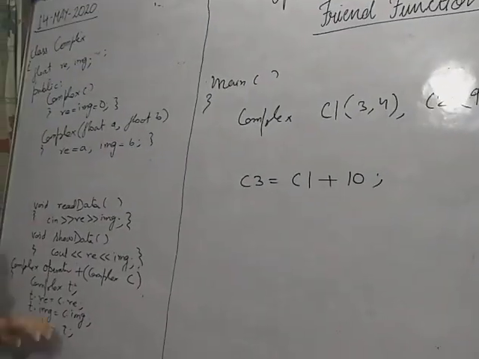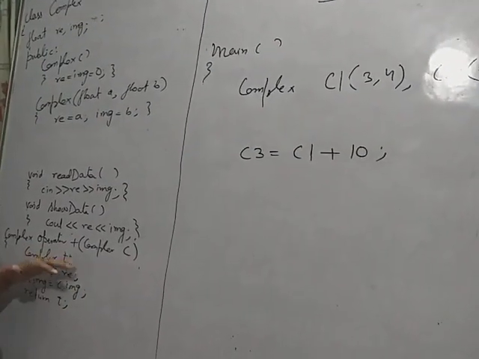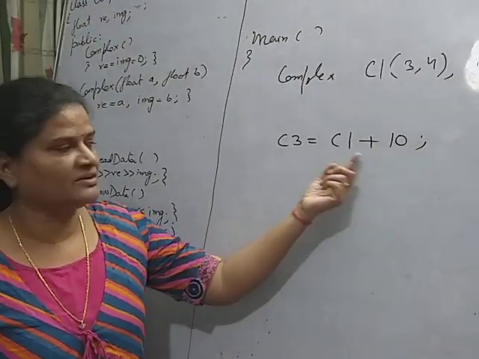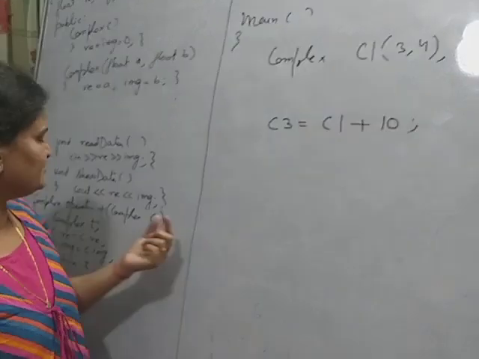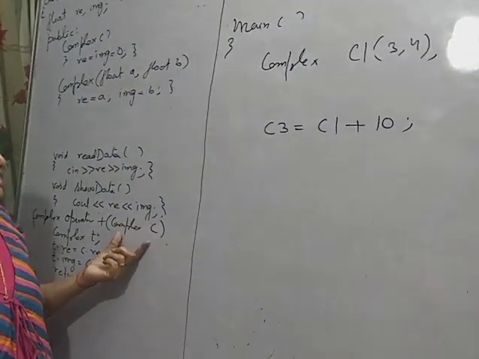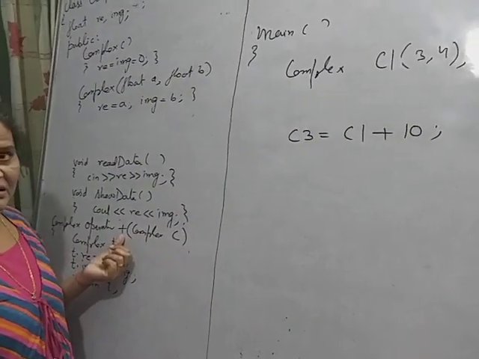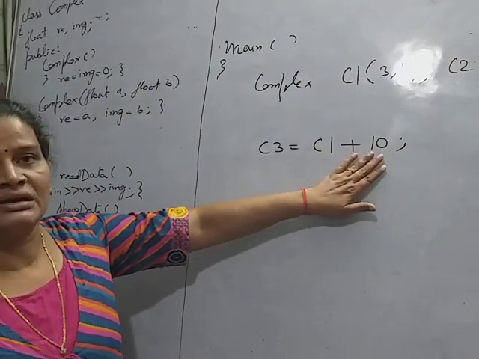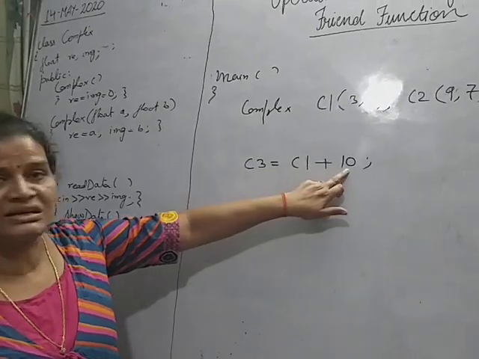In the complex class there is no such operator overloading of plus taking one argument of complex class and another of basic data type. So this plus operator is not overloaded for this particular definition, because this is a constant.